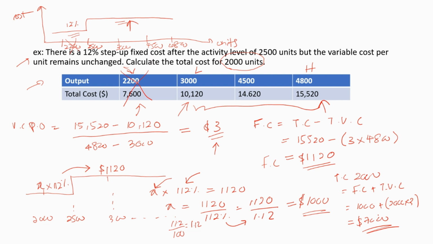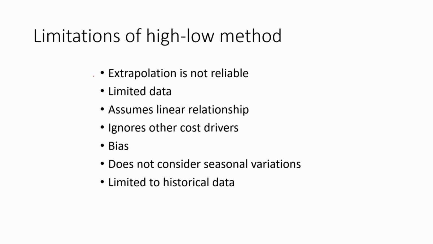I hope the high-low method is now clear to you. This method is really simple, you just have to practice some example questions. Now let's discuss the limitations of the high-low method. Extrapolation is not reliable. We discussed this earlier. Limited data. The high-low method requires only two data points, the highest and the lowest activity levels, which may not accurately represent the entire range of activity levels.